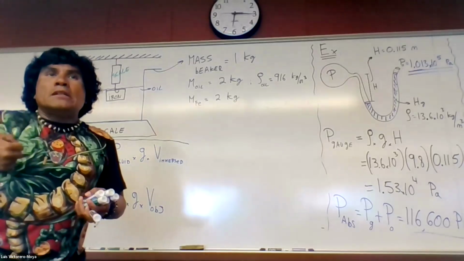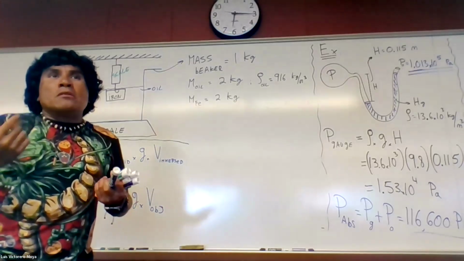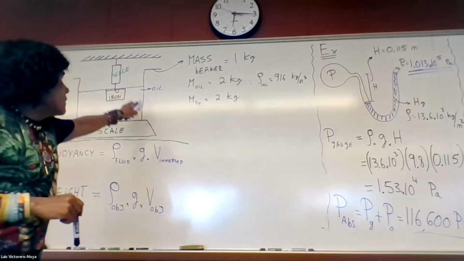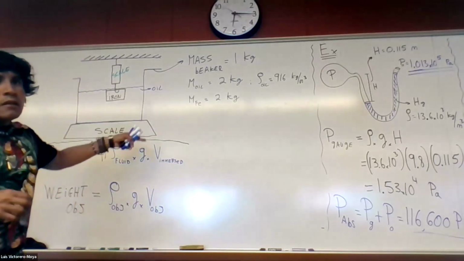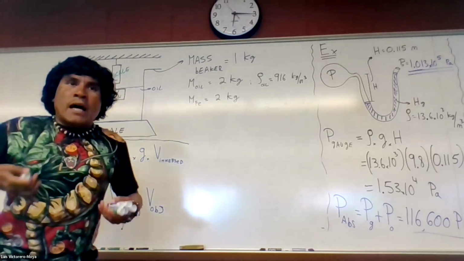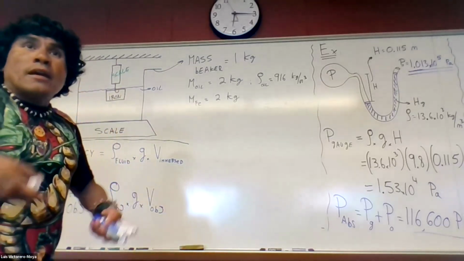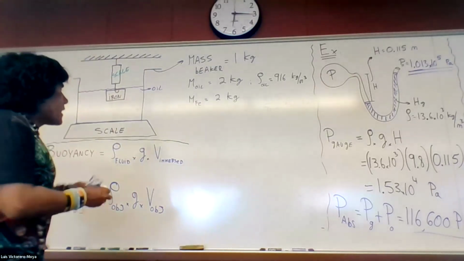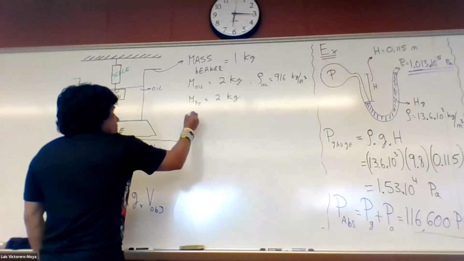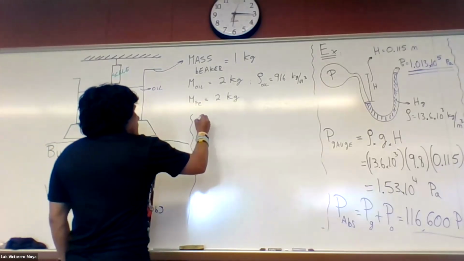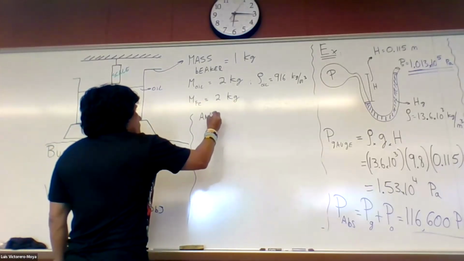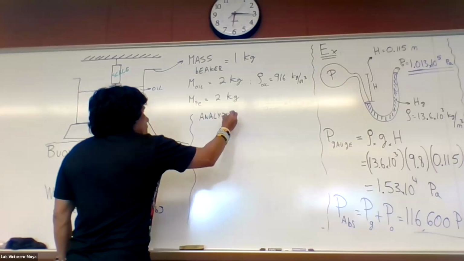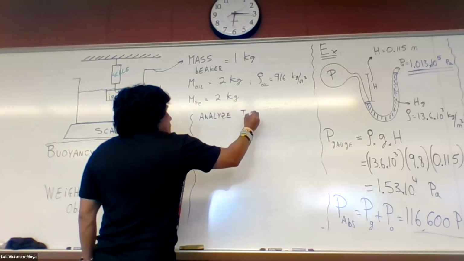There's tension in there, so you basically want to know the tension on the scale here. And then this scale is reading all the force exerted downwards. So let's start with the top scale. Let's analyze the top scale.